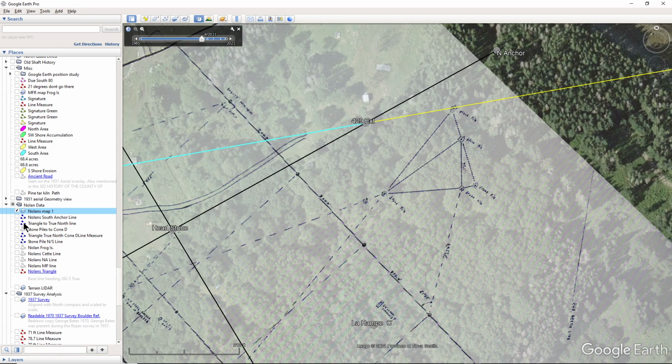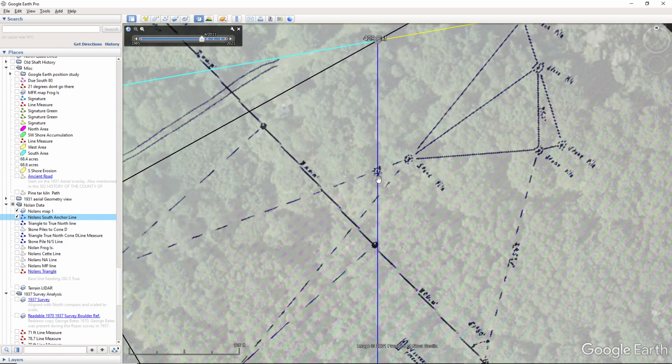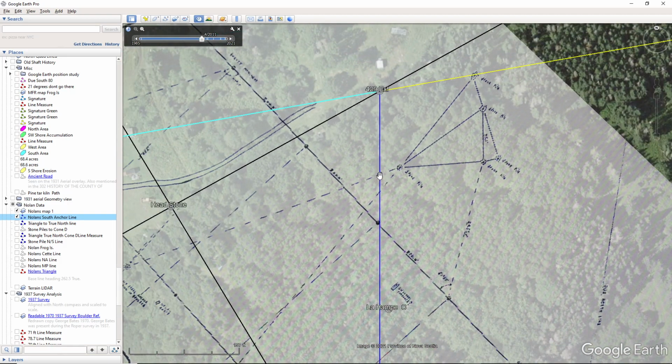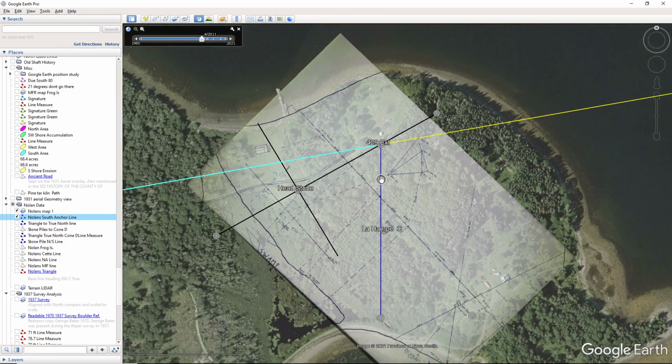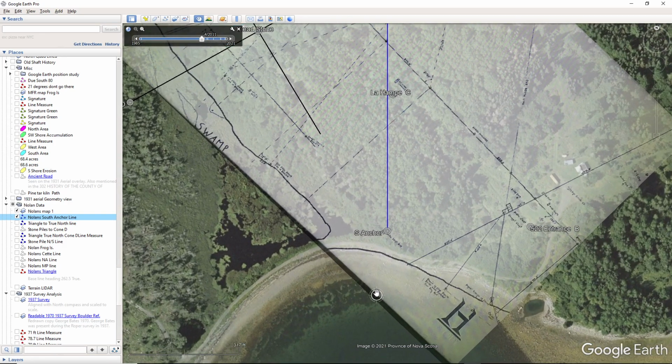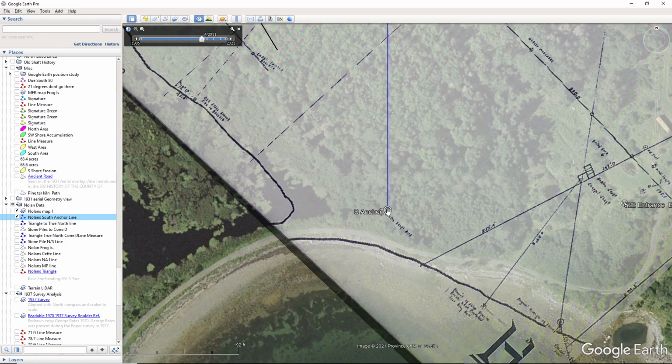So one thing that can be done is a line can go north-south, and this drops from the extension point through this stone right here. And by the way, in the vault theory, the 429 extension goes all the way down, and that's how you find the south anchor.